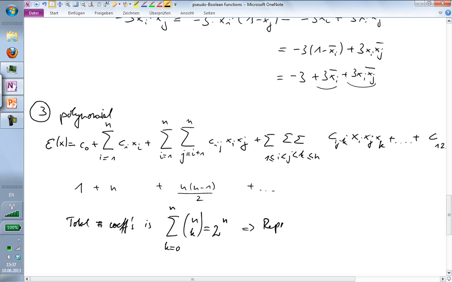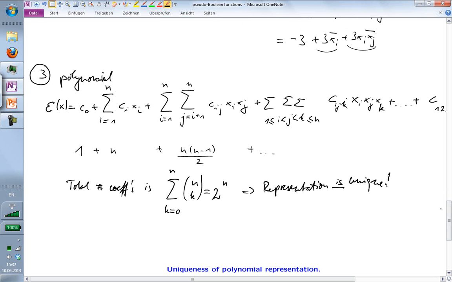So this time we have a representation which is unique. You can look this formula up, or you can simply remember that these are the binomial coefficients which describe the number of outcomes in n binary experiments, which gives us this number of states.